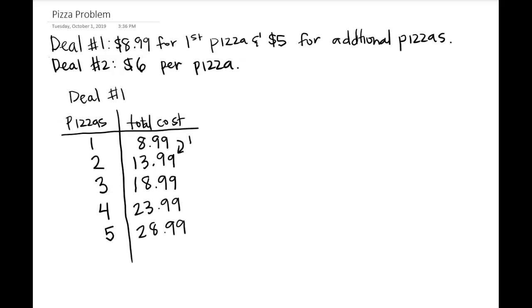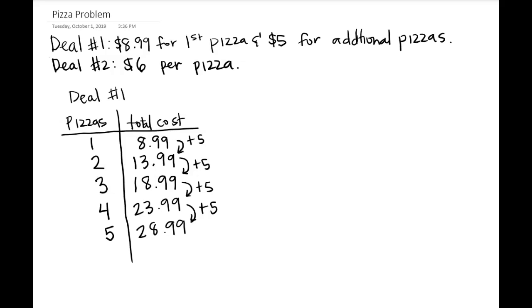All right, so here are our prices, and we can see that from here to here, the increase is indeed $5. But our start amount, we have it at $8.99 there, but that's not our true start amount. That's what we need to figure out here. We know what the slope is, but we don't know what the y-intercept is.